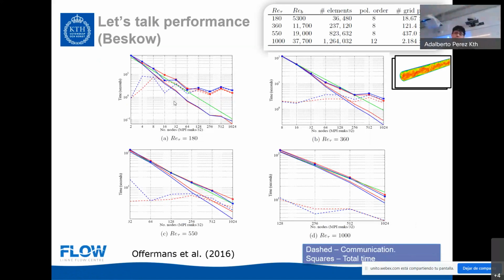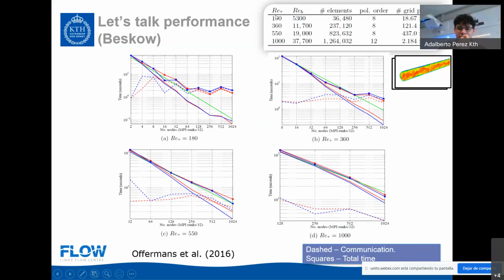So yes, now we have been talking about malleability, so perhaps now it's time to talk about performance, that I'm sure you're interested in. Here we have some scalability plots made by Offermans in 2016. These are for multiple cases, so I will briefly explain what we mean by that.